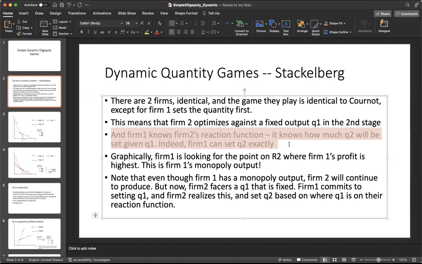Okay, so everyone thumbs up if everyone follows that. Firm 1 knows that is the residual demand of firm 2. And the next step for firm 1 is, if I am facing this residual demand that I myself made, I will maximize against that.